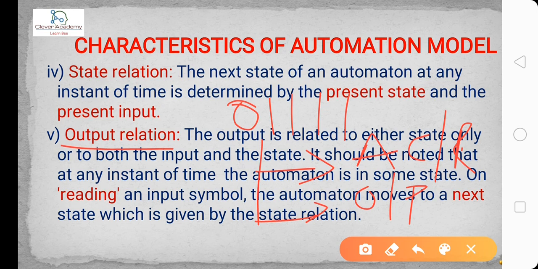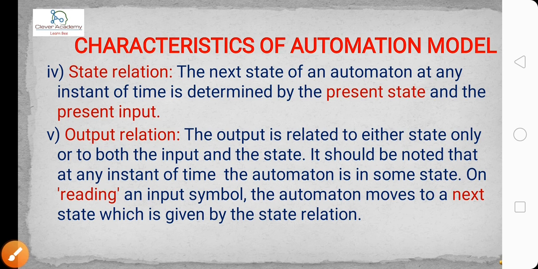The kind of operations we do here is represented as the output relation. The output is related either to the state only or to both the input and the state. It should be noted that at any instant of time the automation is in some state. On reading an input symbol, the automation moves to the next state, which is given by the state relation.